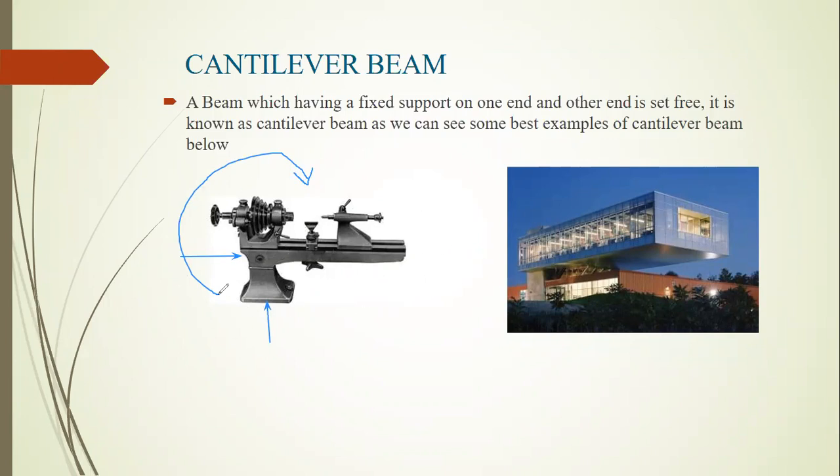So totally there are 3 reactions. How many equations of equilibrium are there? There are 3 equations of equilibrium. Since the reactions equal 3, the cantilever beam can be classified as a determinate beam. A cantilever beam is one end fixed, other end free.